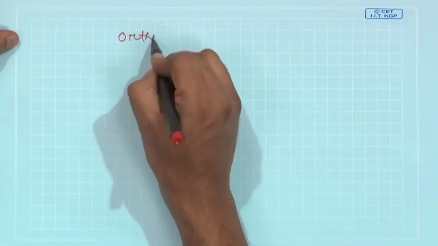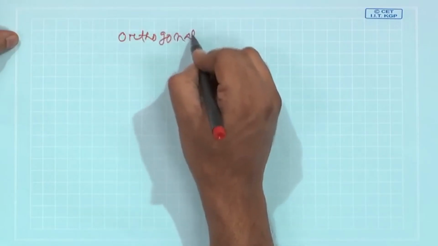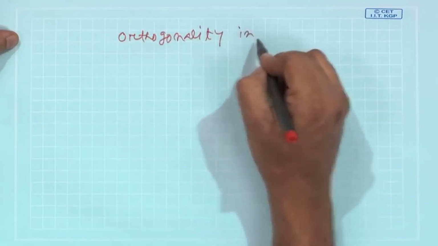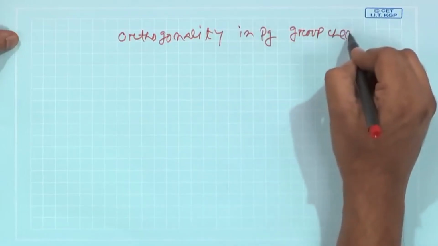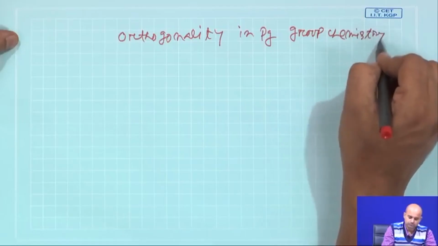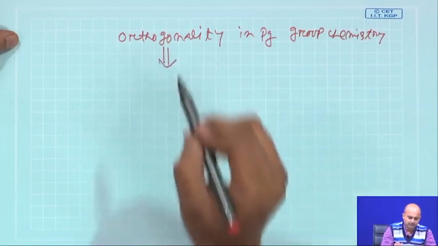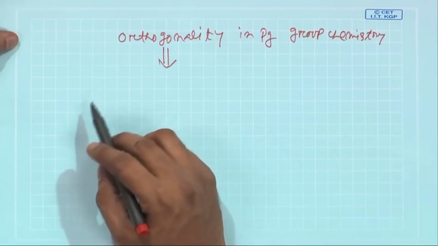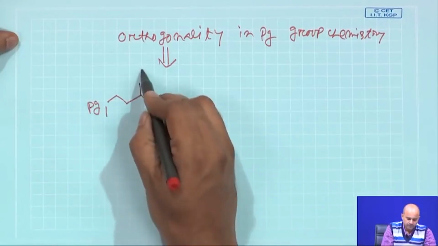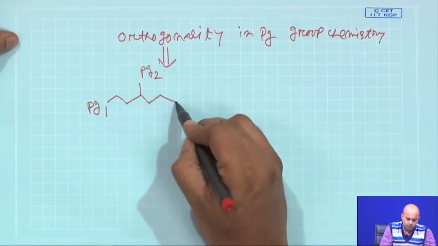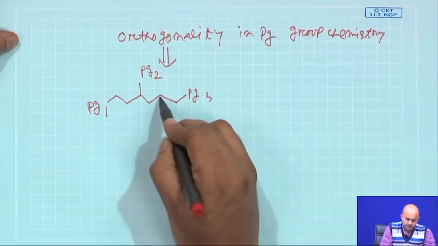In that way, we often use a term called orthogonality in protection group chemistry. This orthogonality basically means how you can manipulate different protecting groups. Let us say you have several protecting groups in the molecule: PG1, PG2, PG3, PG4.